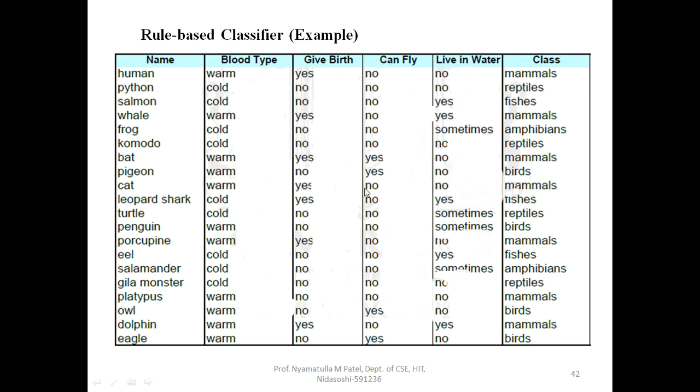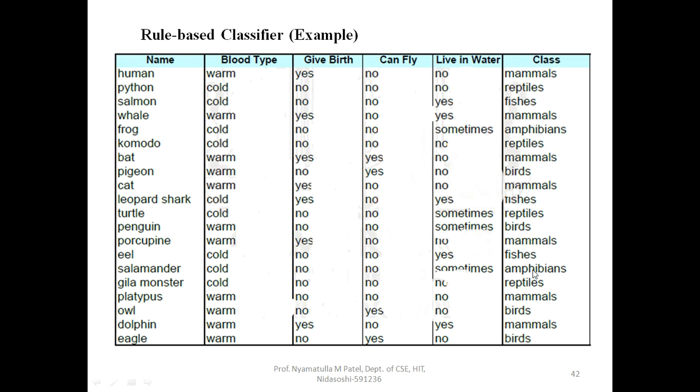Some of the birds can fly and some animals cannot fly. Some of these animals can live in water, some cannot, and some can live in water and also on land. Now, to which class each belongs: human belongs to mammals, python to reptiles, salmon to fishes, and frog to amphibians, because sometimes it lives in water as well as outside the water.